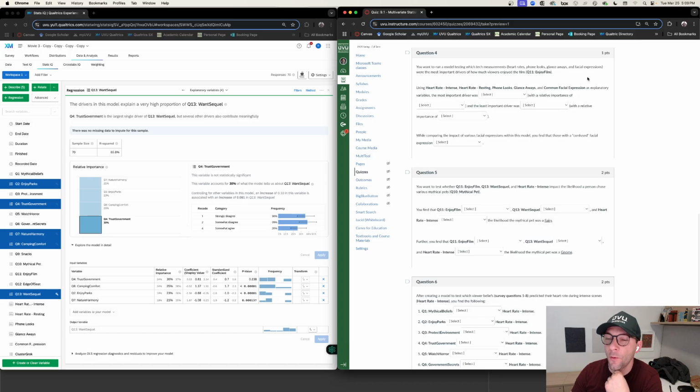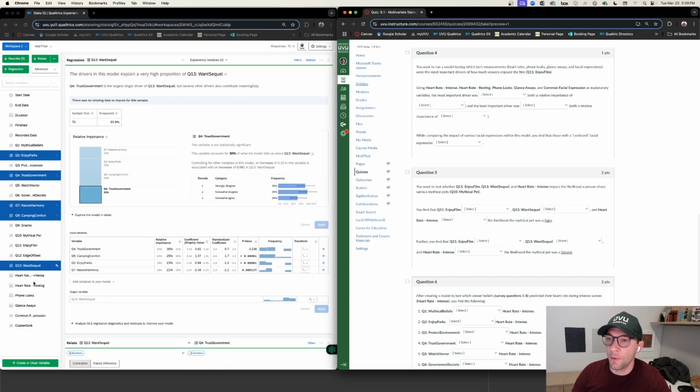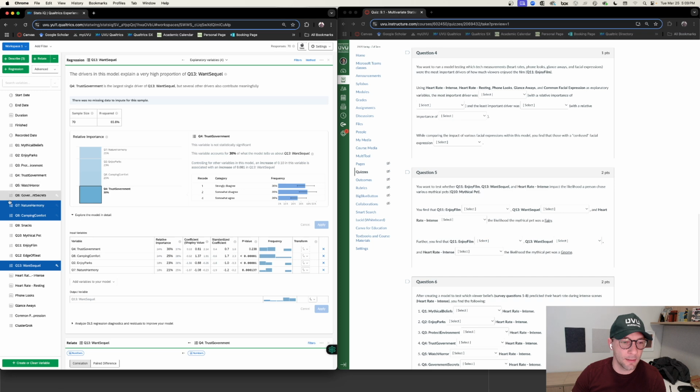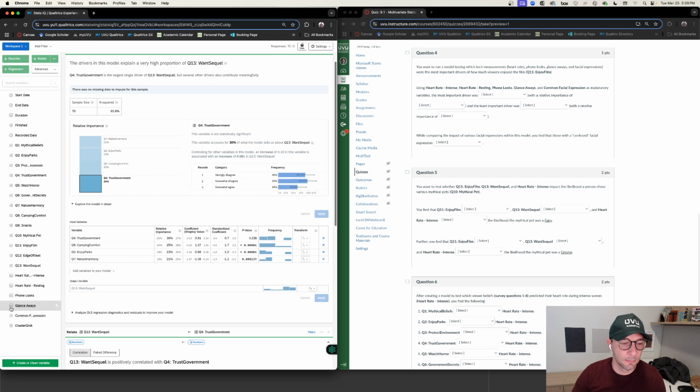For question 4, we're going to run some different variables all at the same time. We're looking at these high tech variables. Okay, we want to see which of these were the strongest drivers of how much they enjoyed the film. So I'm going to unselect all of these, and select all of these here, and enjoy film.